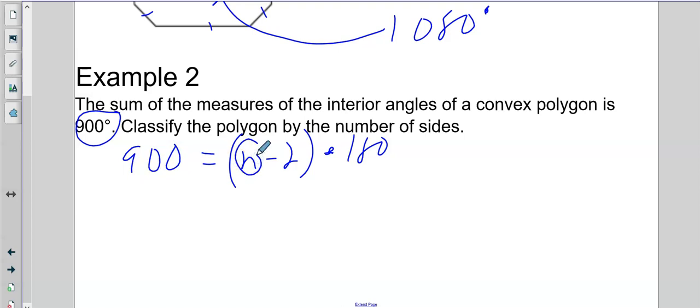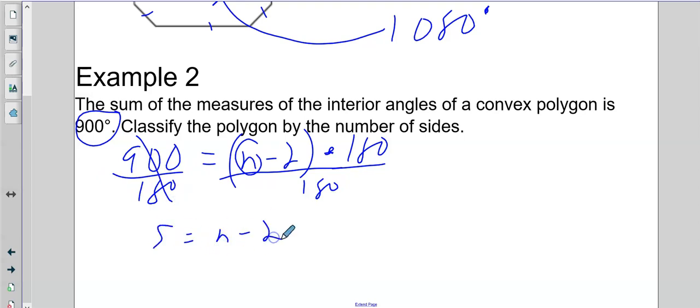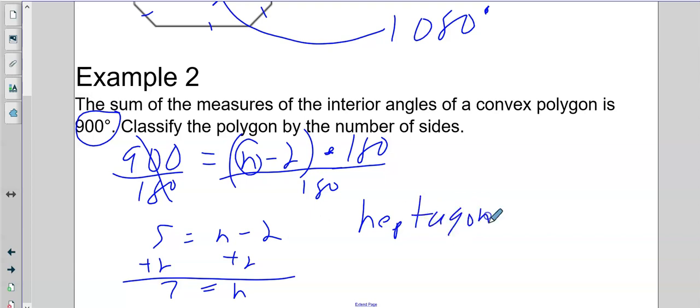Well, it's in parentheses, so we need to get rid of this 180 first by division. 900 divided by 180 is 5. We can get rid of the parentheses. We don't need them anymore. And the way to get rid of the 2 is by addition. So n equals 7. 7 sides to the shape, also known as a heptagon.